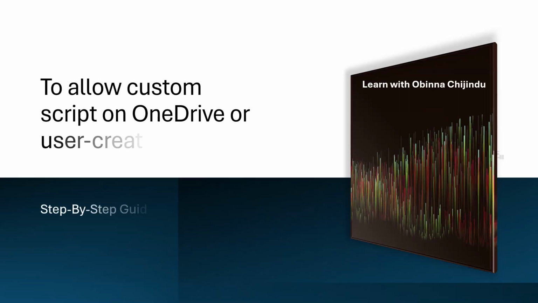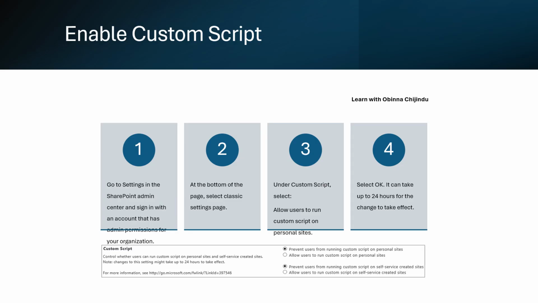So to allow custom scripts on OneDrive or SharePoint created sites, let's see the step-by-step process. Step 1, navigate to your settings in SharePoint Admin Center, and sign in with an admin permission for your organization. Step 2, at the bottom of the page, I'm going to demonstrate this to you and show you where it is.